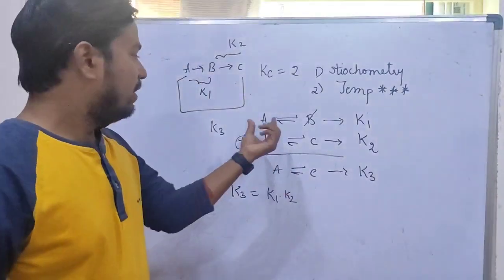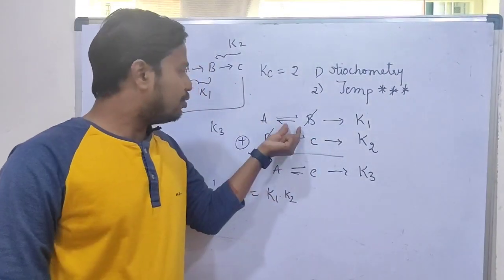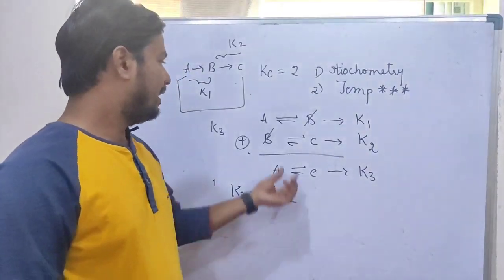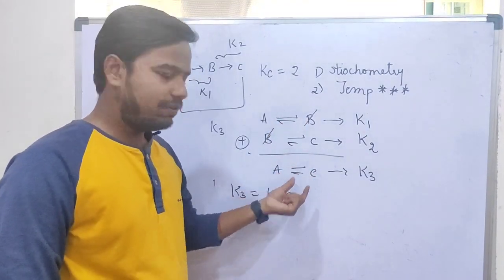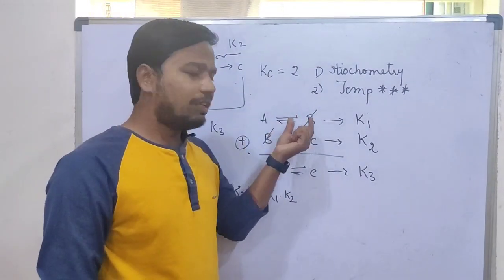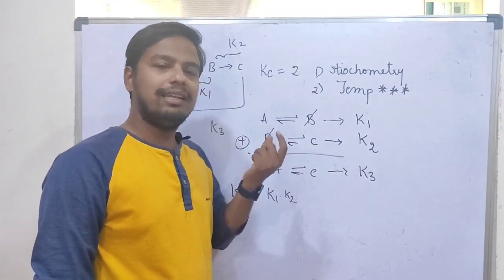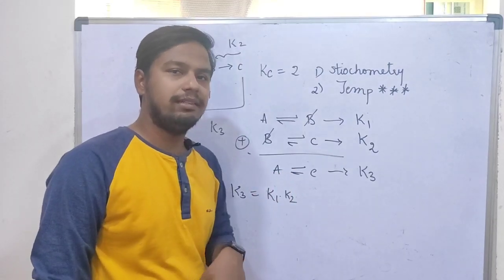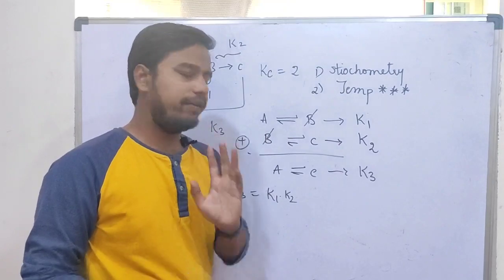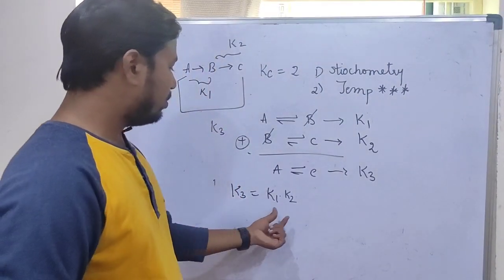Always remember, if we add any two reactions, then the equilibrium constants should be multiplied. But when you subtract any two reactions, then the constants should be divided. This is the trick for solving problems. So how do we get K3 equal to K1 and K2?